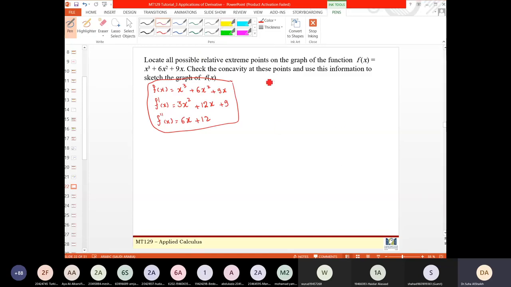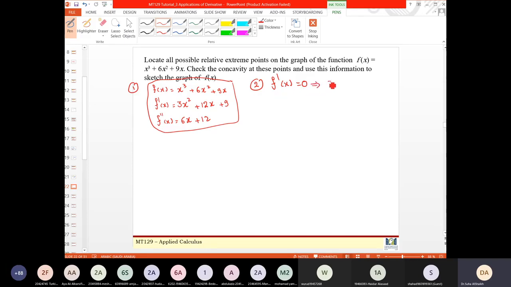A second step, I'm gonna let f dash x equal to 0 so that I get my stationary point, my critical point, my point where the function may be minimum or maximum. Right? We call it critical point or stationary point. So I'm gonna let f dash x equal to 0.